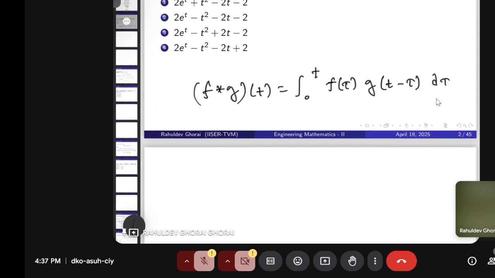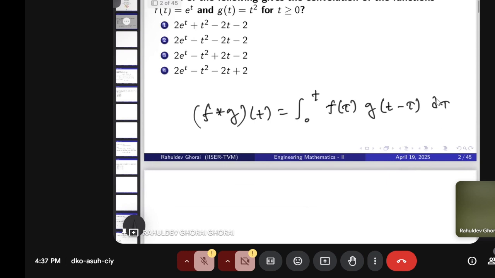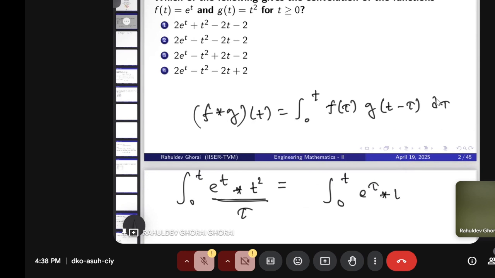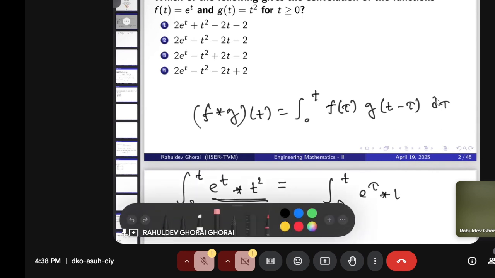That is the thing. Now we have f as e to the power t, star t square. So let's take from 0 to t, and this will transform to tau, so it will be 0 to t e to the power tau star, not tau square, (t minus tau) whole square. This star is now multiplication: (t minus tau) whole square d tau.